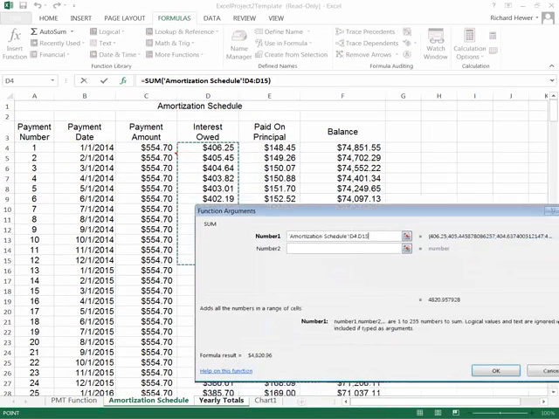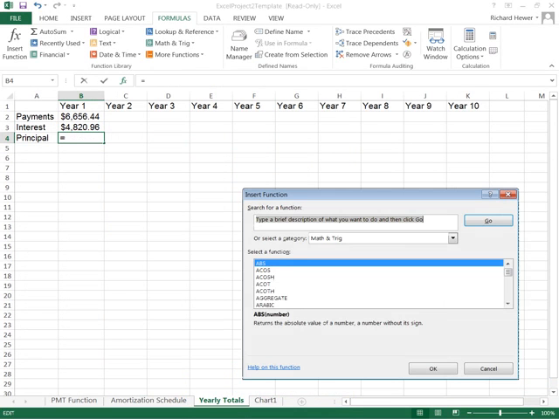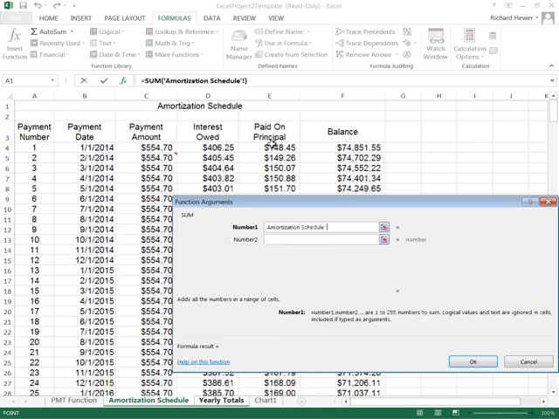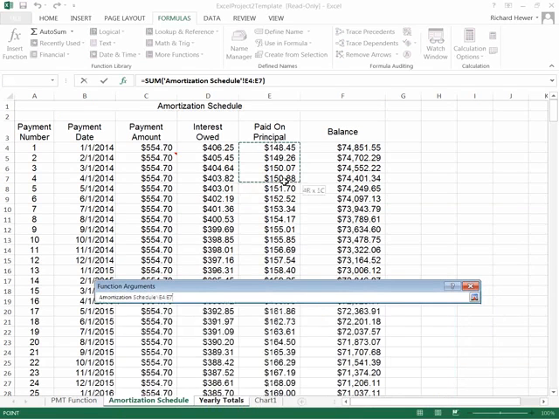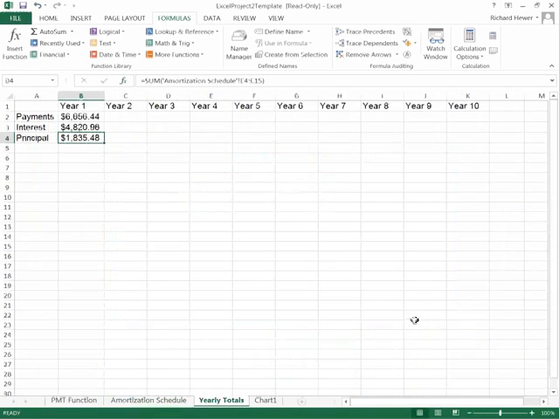And I click OK. Now I need principal. So again, I need to use sum. And if I use most recently used, it should come up first. And now I need to get, again, the first 12 payments. And then I will click OK.